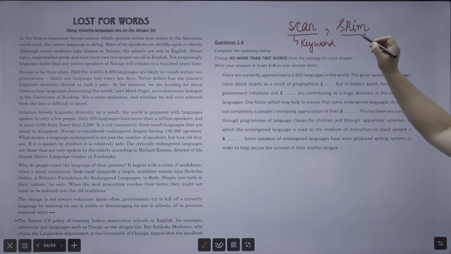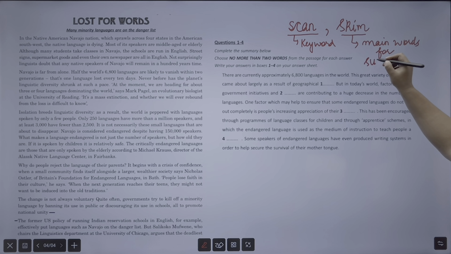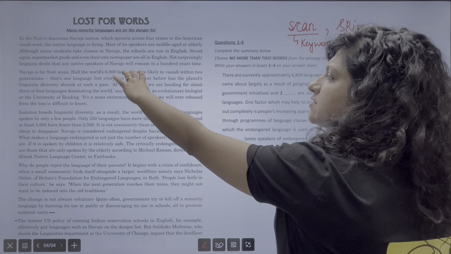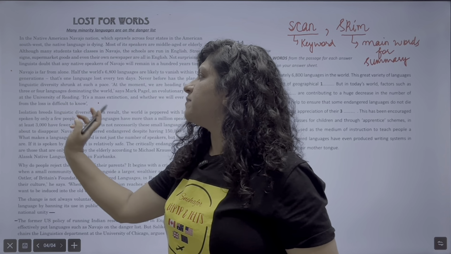And skimming is reading only the main words to understand the summary, the gist of that particular part. So let's say you have to focus on this part of the text from here till here, this part.